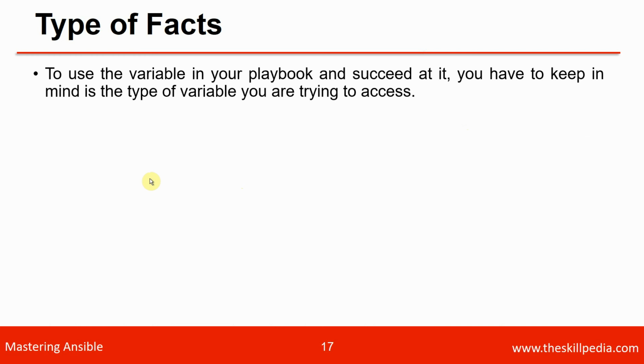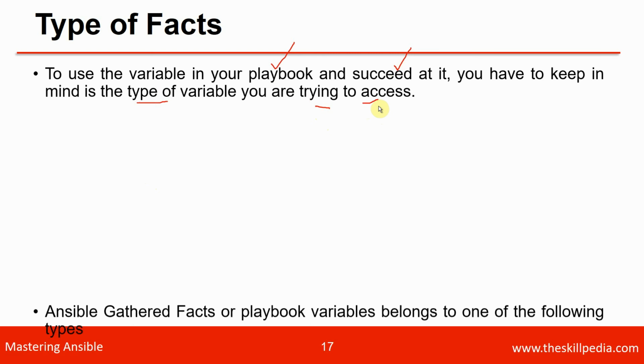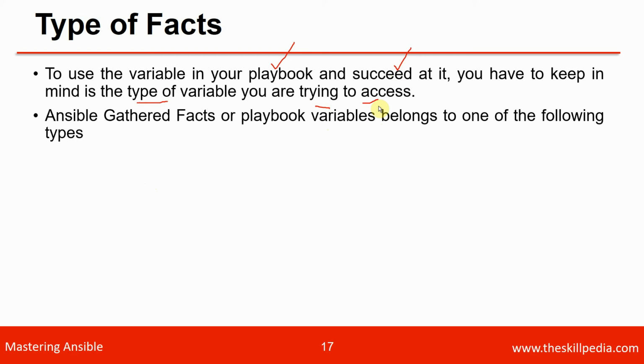What are the types of facts? To use a variable in your playbook and succeed at it, you have to keep in mind the type of variable you are trying to access. As I discussed, there are three types. Ansible gathered facts or playbook variables belong to one of three types: dictionary, list, and Ansible unsafe text.